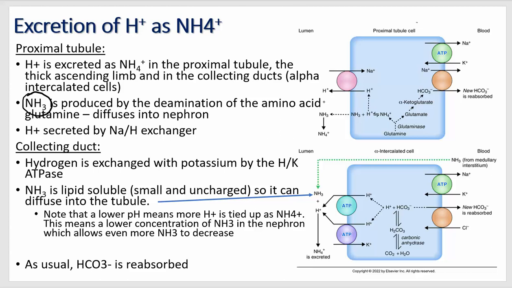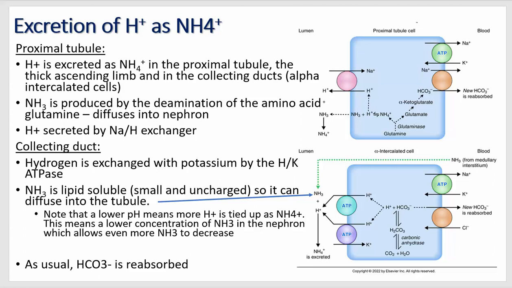We have to have an NH3 on which to put the hydrogens. And NH3 really comes from the breakdown of amino acids, in particular, glutamine. So NH3 is produced by the deamination of the amino acid glutamine, and that diffuses into the nephron.